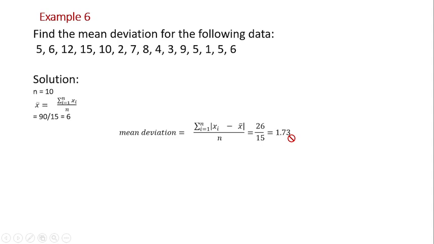So the mean deviation of each value from the mean is 1.76. That is the meaning of mean deviation. What is the deviation of the x that we have from the mean? We have values here, we have 5, 6, 12, 15, 10, like that, but the mean of the values is 6. So what is the deviation of each value from the mean?